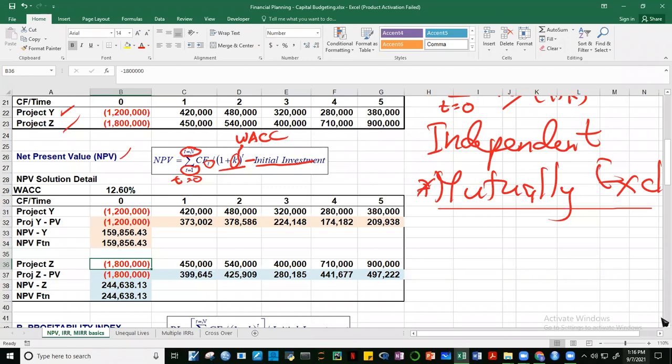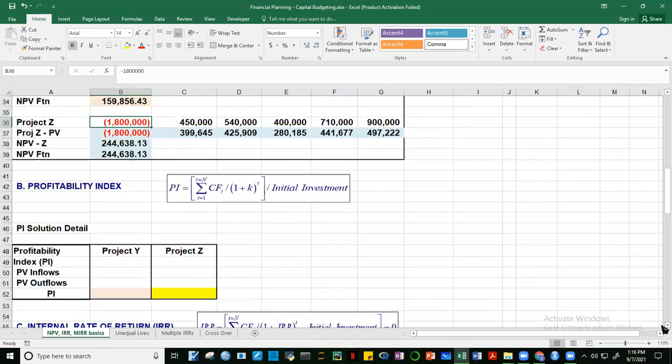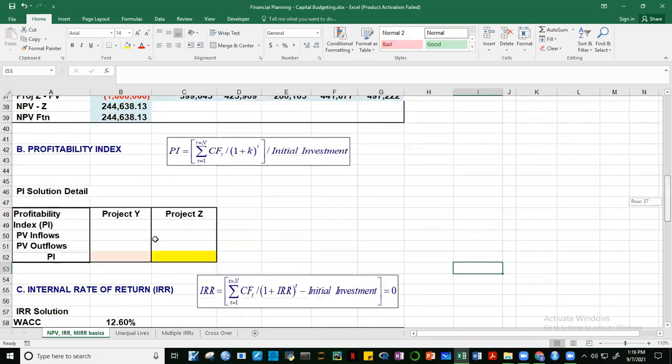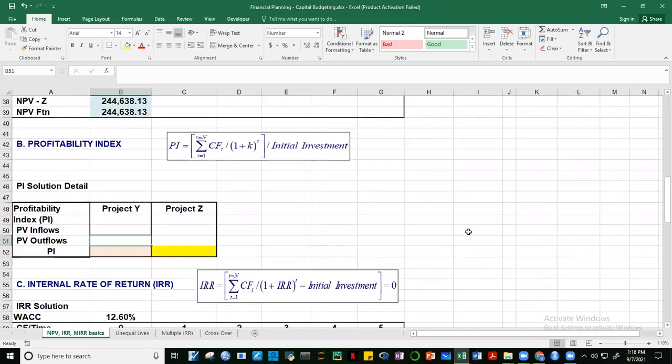That's where we go to the Profitability Index. In the Profitability Index, we take into consideration the outflows, the 1.2 versus 1.8. Its formula is this: the sum of discounted cash flows from t equals 1 to n, which is the present value of our future cash flows from year 1 up to year 5, divided by the initial investment.